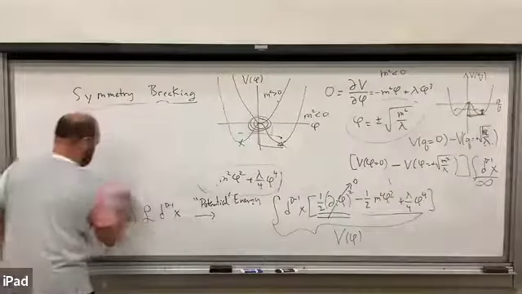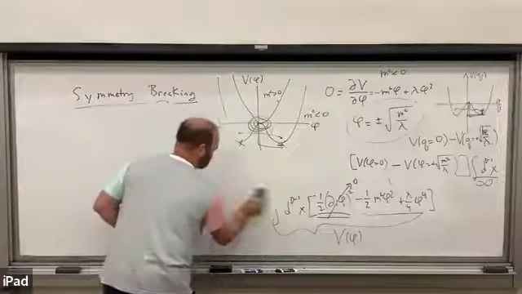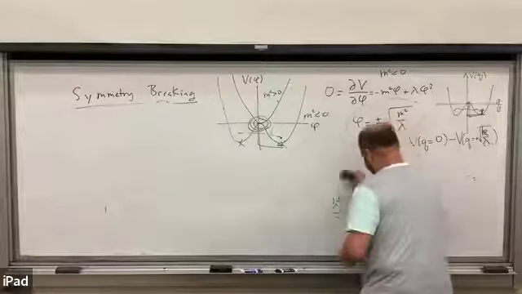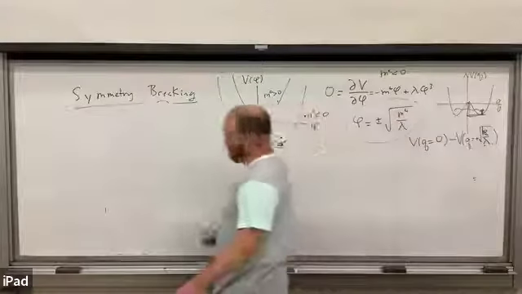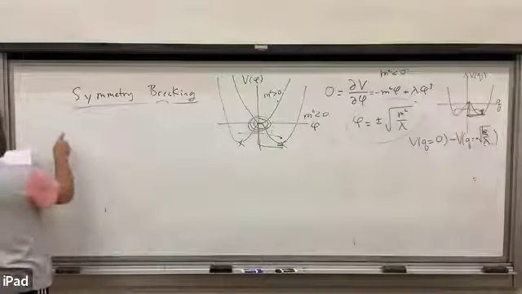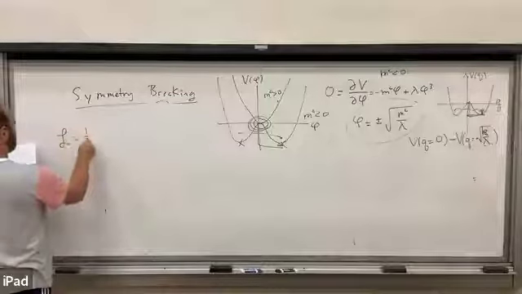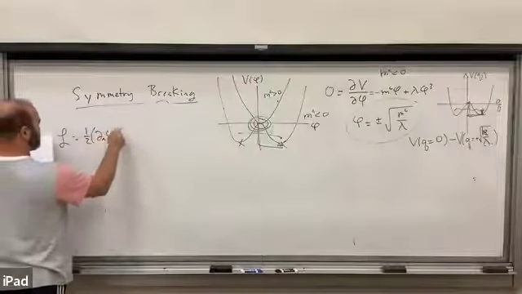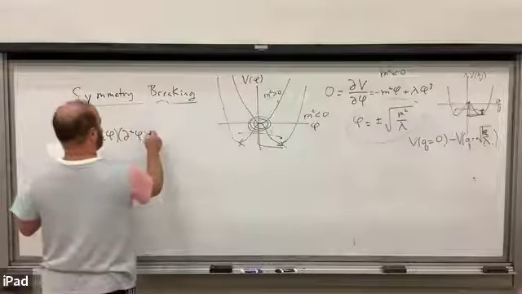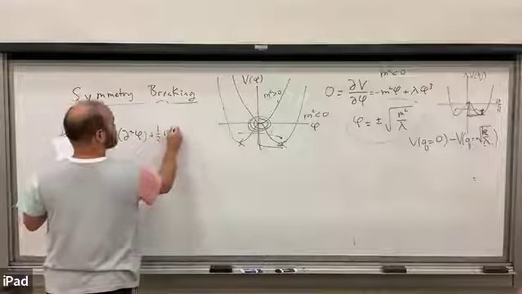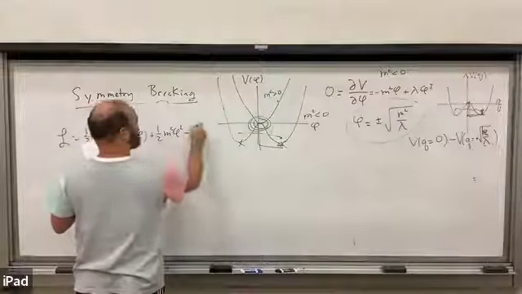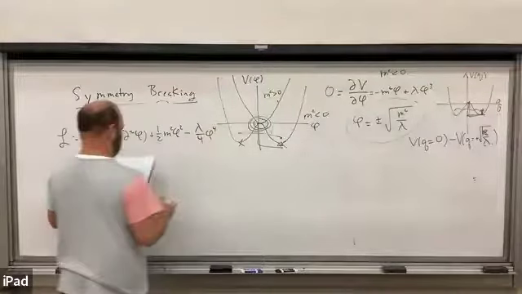So we need to clear some space. Let me write down my Lagrange density again. It's going to be 1/2 (∂_μ φ)², plus 1/2 m² φ², again the wrong sign, minus λ/4 φ⁴, like this.